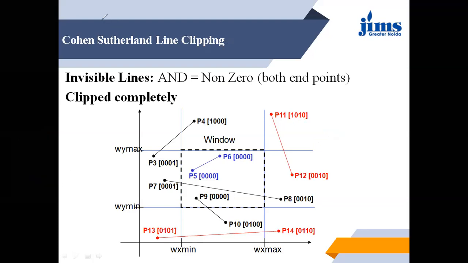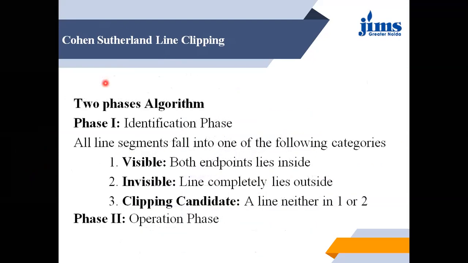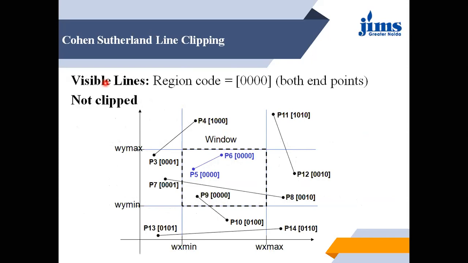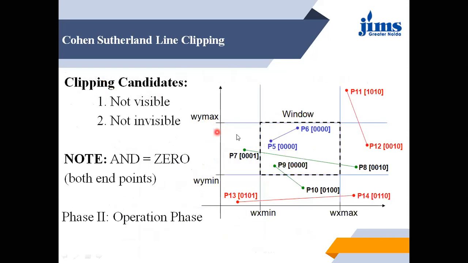In the third case, as you can see from here, this is about the clipping candidate. In the case of clipping candidate, there are two lines, P9 P10 and P7 P8. We will try to find out about these two lines.